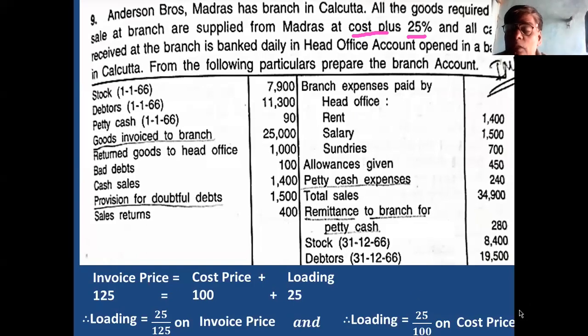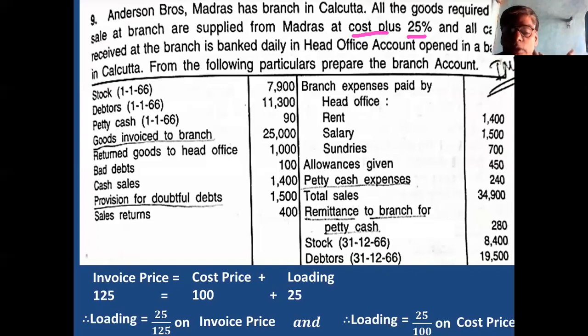You take the second equation and calculate the loading, add this loading to the cost, and then record it in the account. And the first equation is used to remove the loading after entering the transaction in the books.